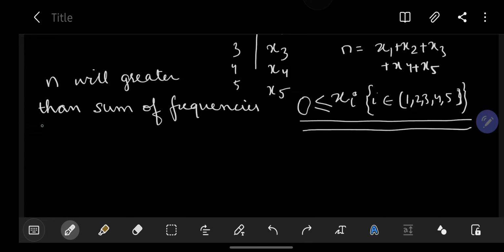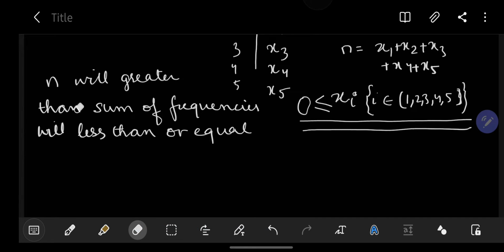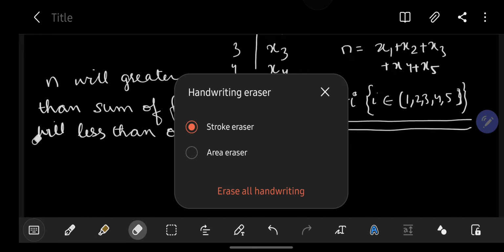N will be greater than or equal to the sum of the frequencies taken one at a time. Simple.